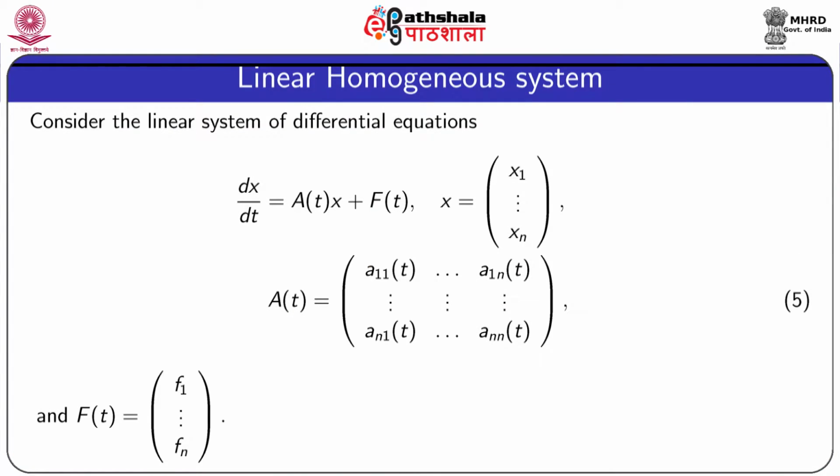We now consider the linear system of differential equations dx/dt is equal to A(t)x plus F(t), where x is equal to the vector x1, x2, ..., xn, A is the matrix a11 ... a1n, ..., an1 an2 ... ann, where all the aij's are functions of t, and capital F(t) is equal to f1, f2, ..., fn.